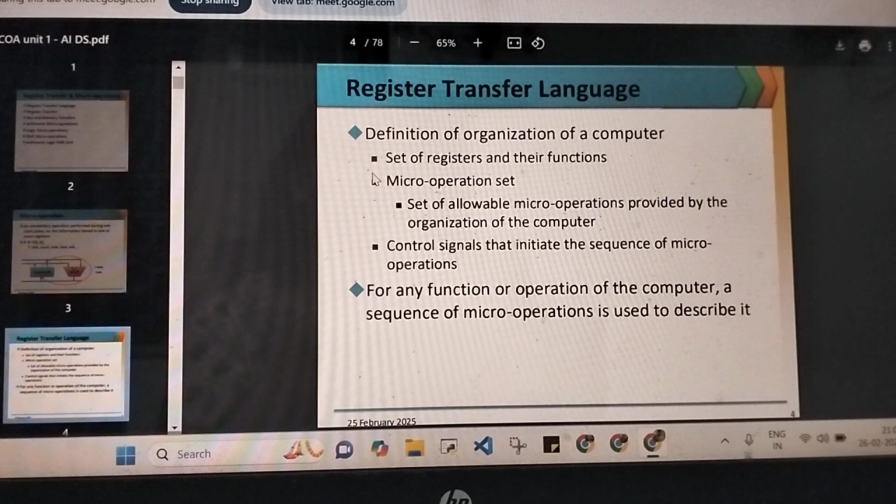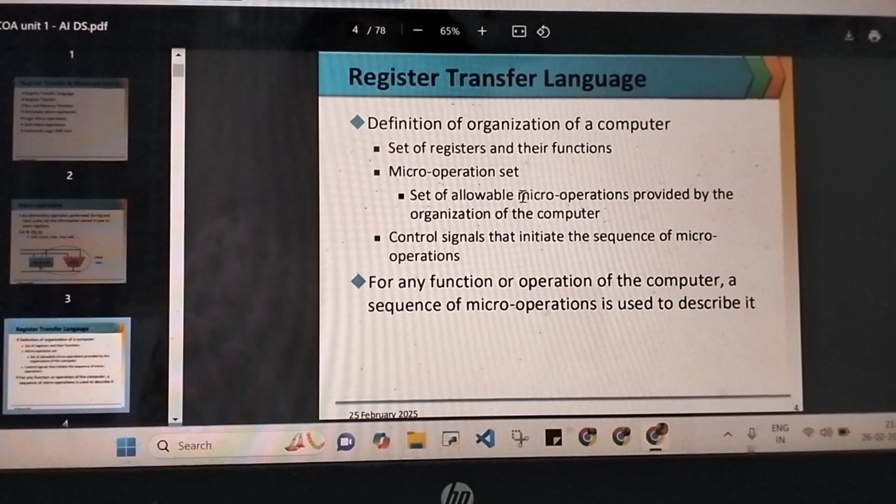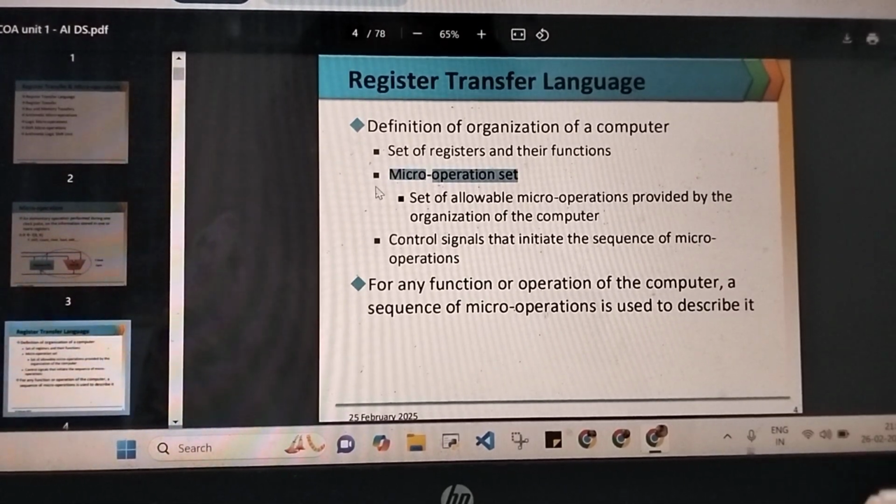It varies depending on whether we're talking about a smartphone or a laptop or a supercomputer, whether it's a 32-bit processor or a 64-bit processor, and so on. So depending on various hardware specifications, the micro operations allowed for that system vary. For any given system, the set of micro operations allowed is called the micro operation set.